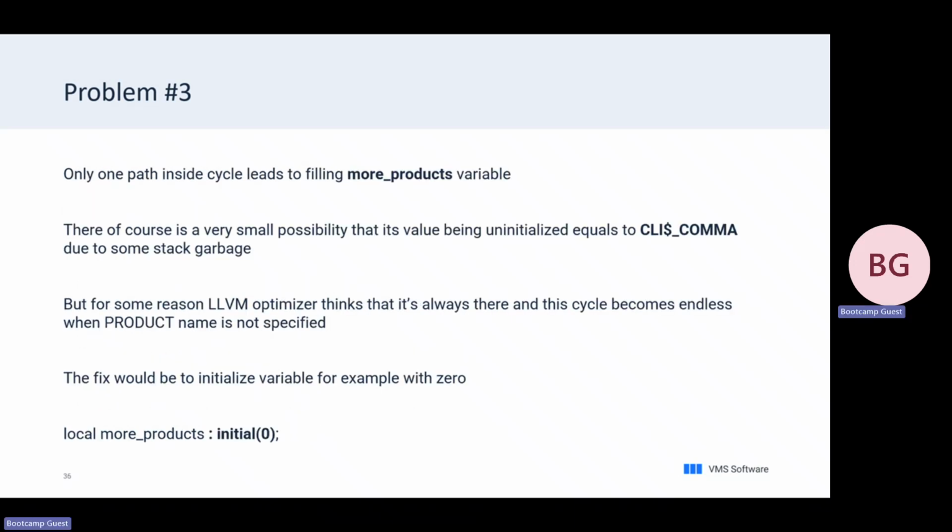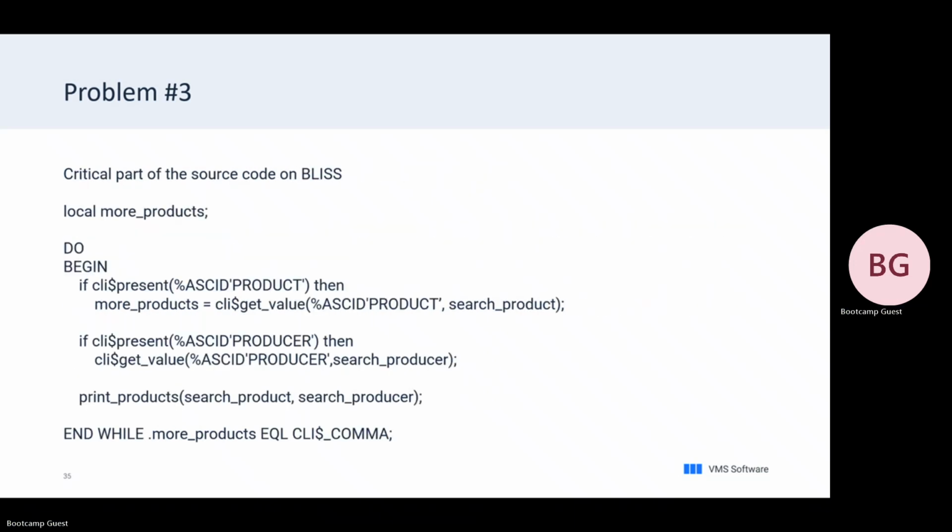We can see that the variable more products is filled only in one part of the cycle, not here. So if we don't go down that path, if the product qualifier is not presented, the more products variable will not be filled.